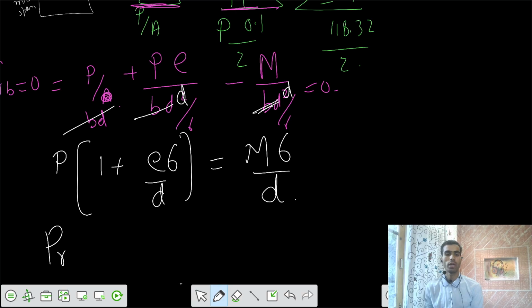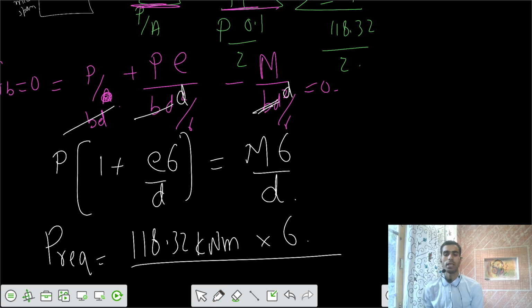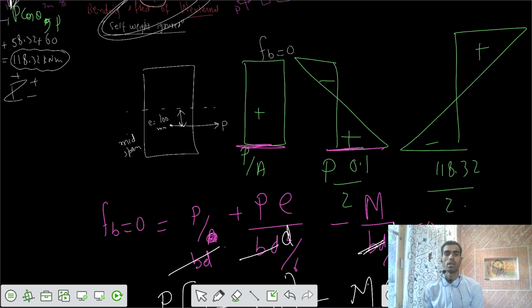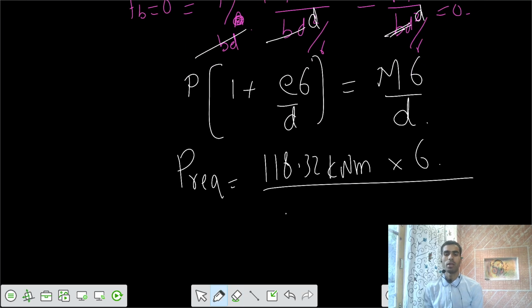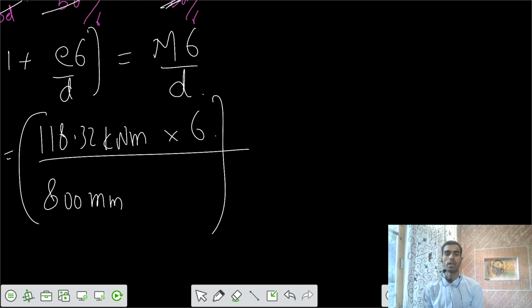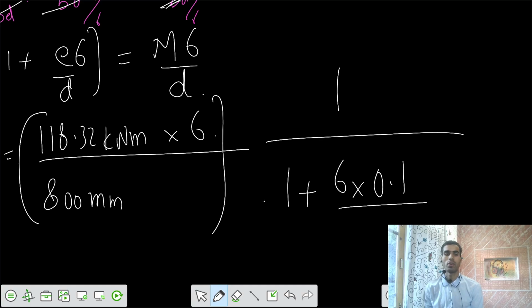I would say P required is equal to your moment, 118.32 kilonewton meters, multiplied by 6 divided by the depth D. What was the depth D? That's 800 millimeters. We have to divide that by 1 plus 6 times eccentricity, 0.1, divided by D, 0.8.